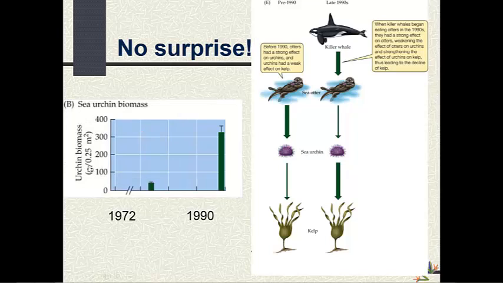What you see in the next slide is the effect on sea urchins. You have the urchin biomass here on the y-axis, and again the years 1972 to 1990 on the x-axis, and you can see that the urchin biomass was very low before 1990, and after a little recovery period, you had more than 300 grams per quarter of a square meter.